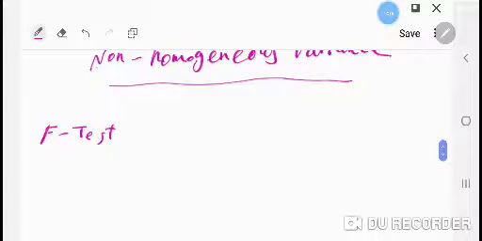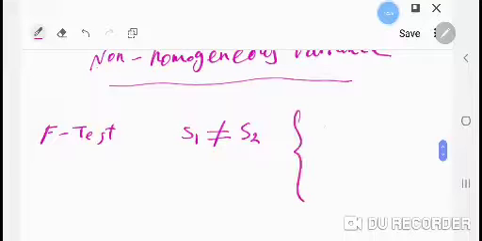If there is non-homogeneity, S1 is not equal to S2, the t-test cannot be applied, but we can use one of these two tests, the tangent theta test or the Welch test.